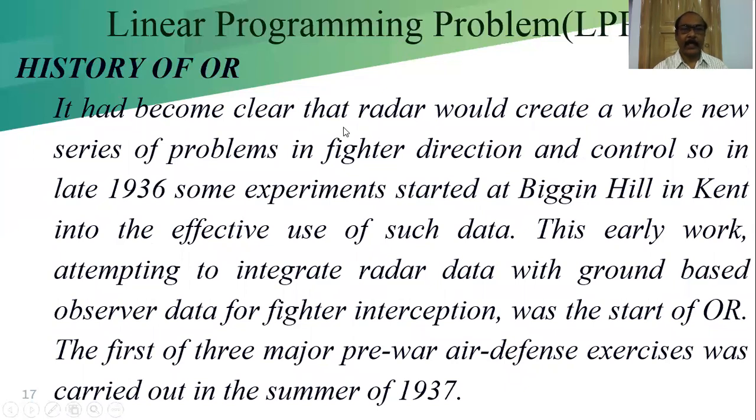It had become clear that radar would create a whole new series of problems in fighter direction and control. So in the late 1930s, some experiments started at Biggin Hill in Kent into the effective use of such data.